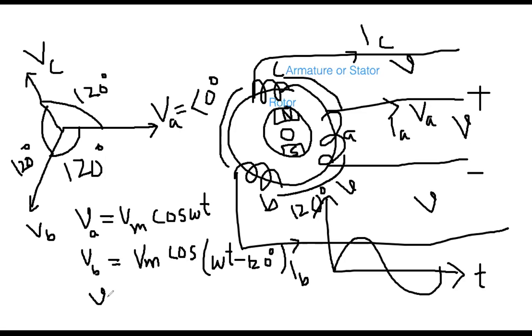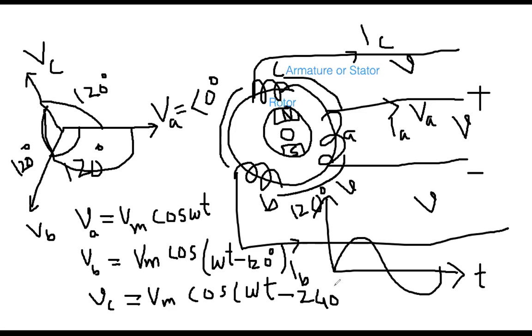And then how would you write the C phase? This one VC. Again, the magnitude is the same, which is the VM. Then cos. Actually, you can write that, everybody see, from here to here all the way, it is 240 degrees. So minus 240 degrees, actually. But if you go anti-clockwise, from here to here, then it is plus 120 degrees.